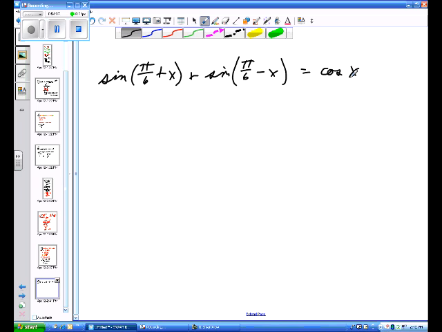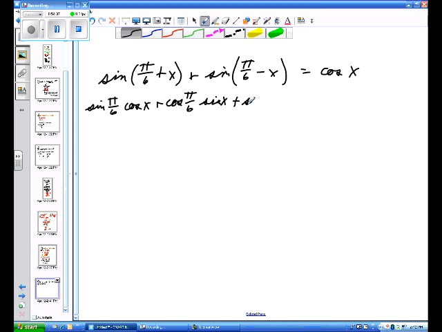Now, what we're going to do in these is we're just going to expand our formulas. This is the sine of the first, cosine of the second, plus cosine of the first, sine of the second.